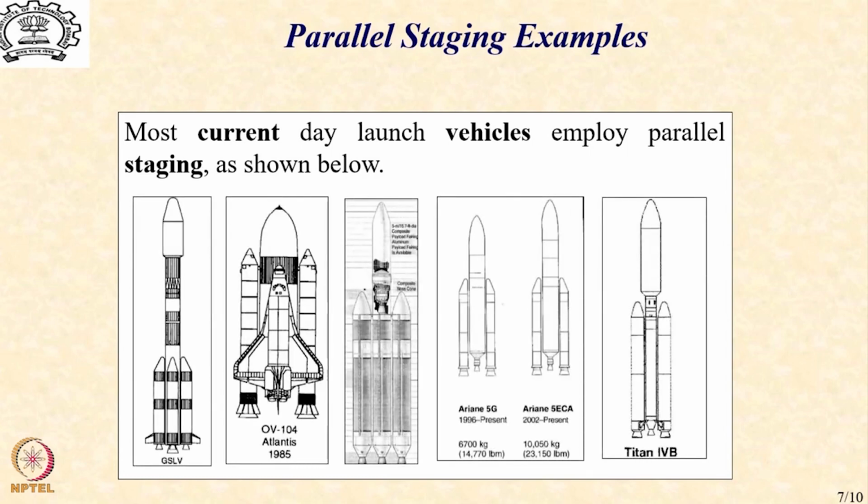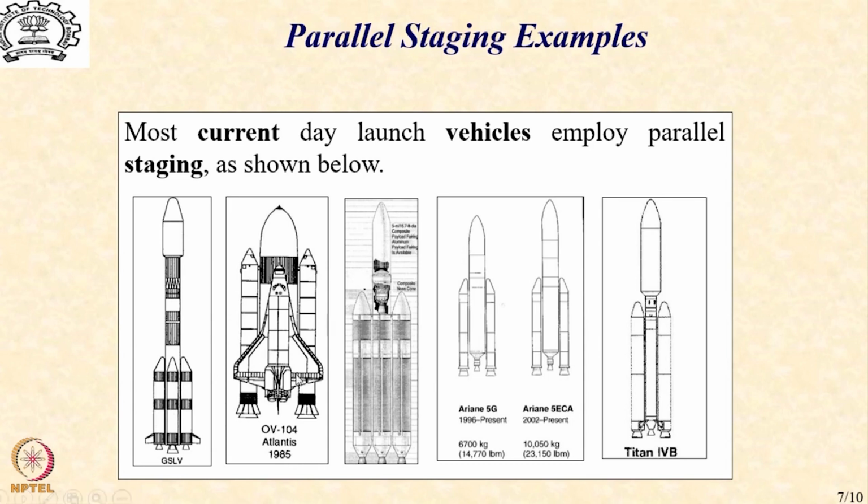So on the leftmost side we have our GSLV, which has the 4 strap-on boosters, or sometimes called the 0th stage, which are symmetrically placed around the axis.